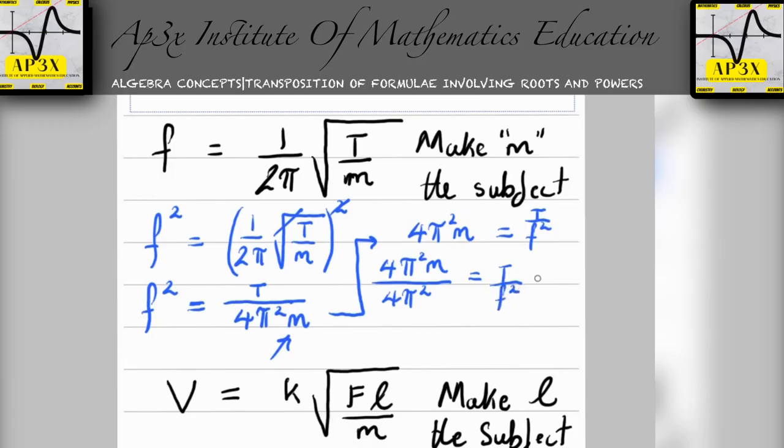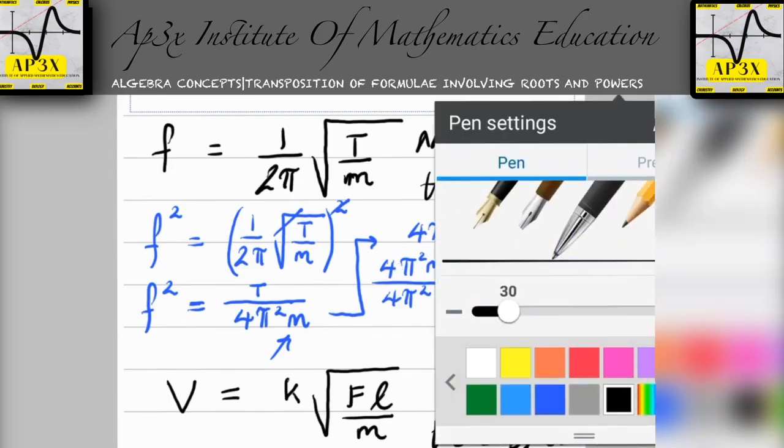And we're going to multiply by the reciprocal. Remember that when we're dividing by a term, we multiply by the reciprocal. When you're dividing a fraction, you change the sign to multiplication and reciprocate. So the 4 pi squared, which was at the bottom, will end up at the top. So we end up cancelling then.